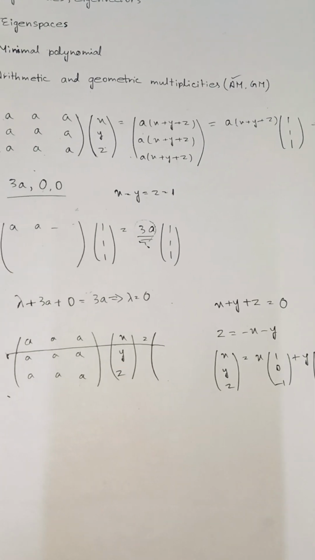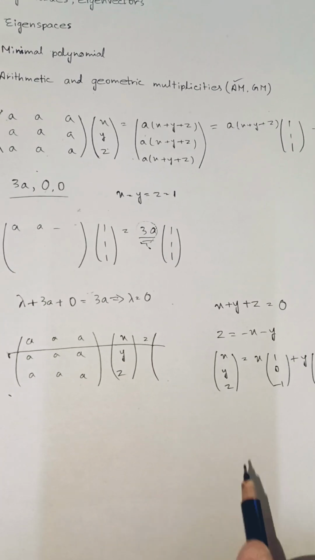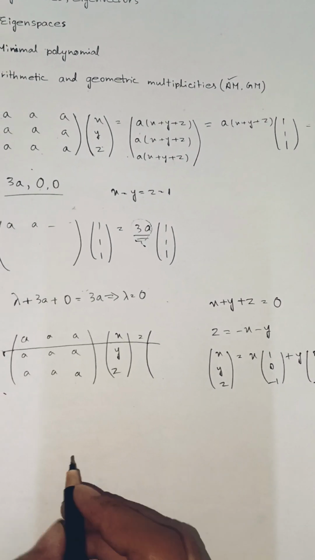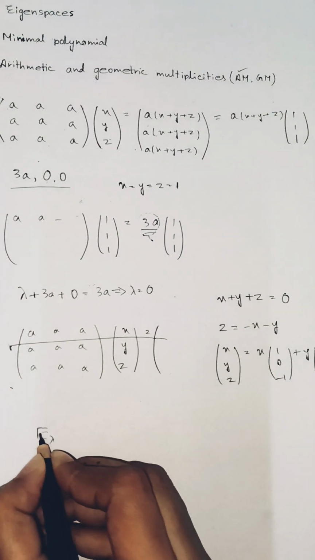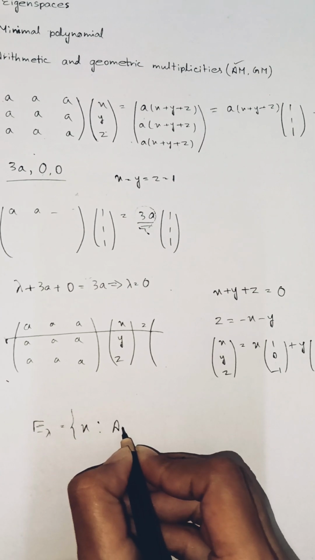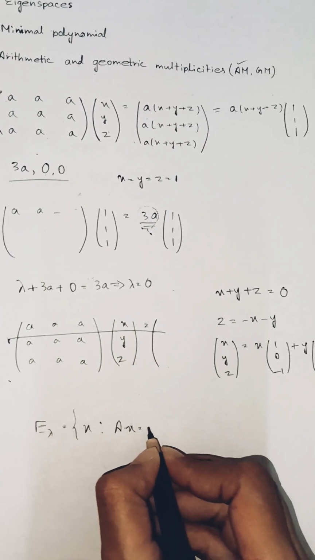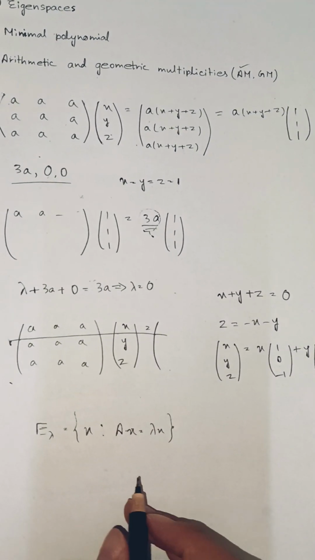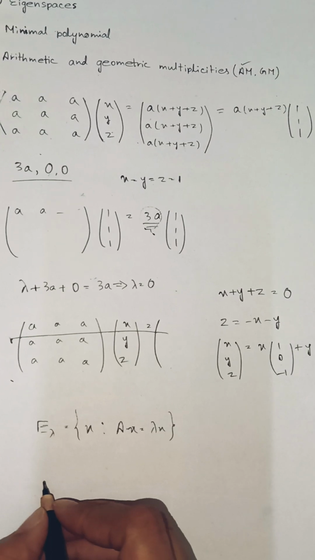Now we know that the kernel of this matrix is equal to the eigenspace corresponding to 0. Why? Because we know that the eigenspace is the set of x such that if we consider this matrix as A, Ax is equal to lambda x. Here lambda is equal to 0, so E0 will be the kernel.